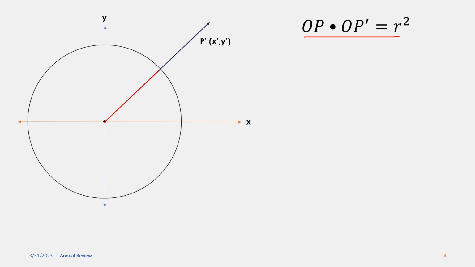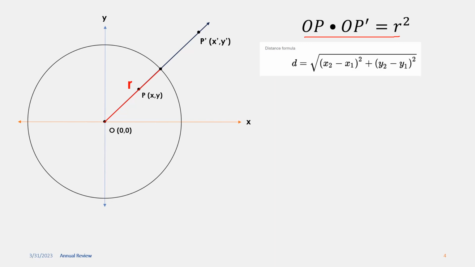Suppose that our center of inversion is at the origin, having the coordinates 0, 0, and we denote it as O. And this is our point P, having the coordinates x and y, suppose. Now, if we are going to find the length of a line segment between 2 points, what formula are we going to use? This is our radius.